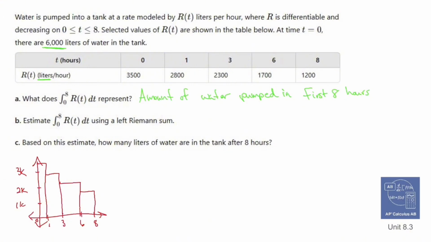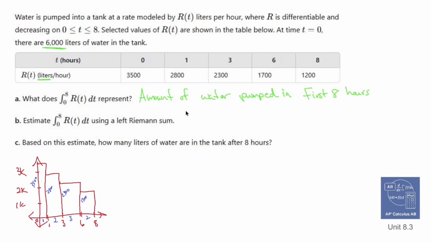Okay, so let's label all this stuff. I have a length of 1, length of 2, length of 3, length of 2. Here I'm at 3,500 right here. Here I'm at 2,800. Here I am at 2,300, and here I'm at 1,700.